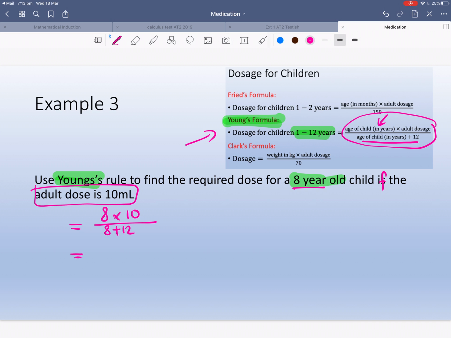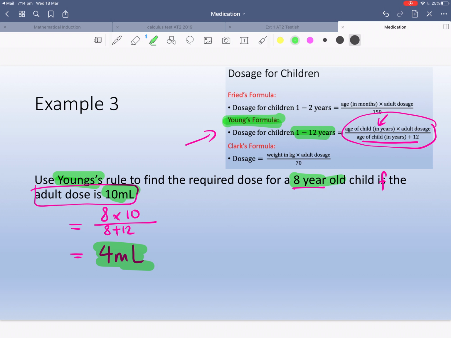Now I'm going to pop that into my calculator, and that is 8 times 10 over 8 plus 12. And the answer here is 4. All right. So what will the dosage be? It will be 4 milliliters, which is clearly less than the 10 mils that's required for an adult.